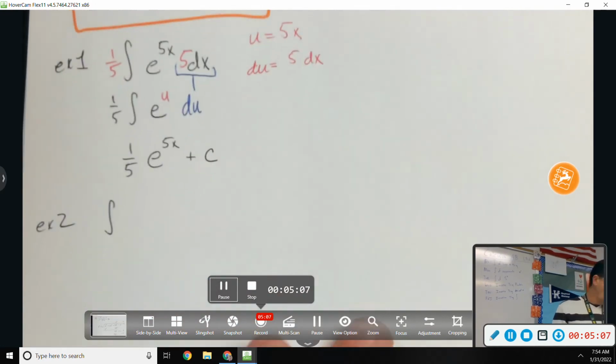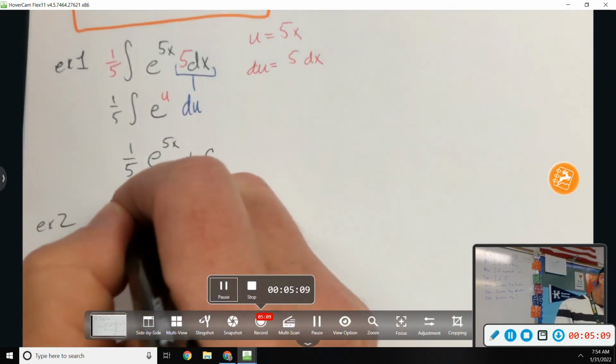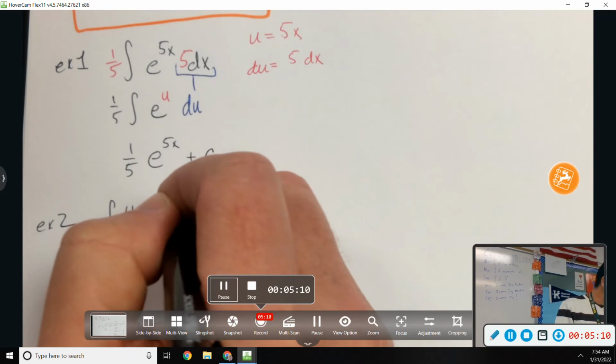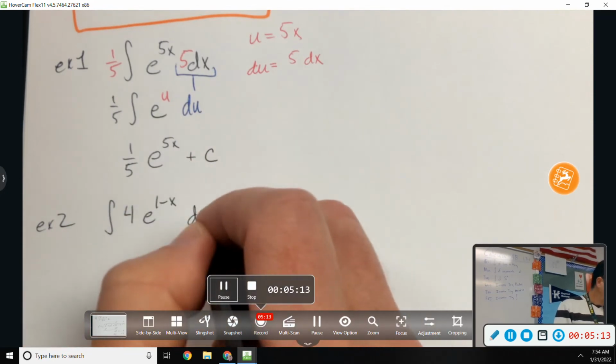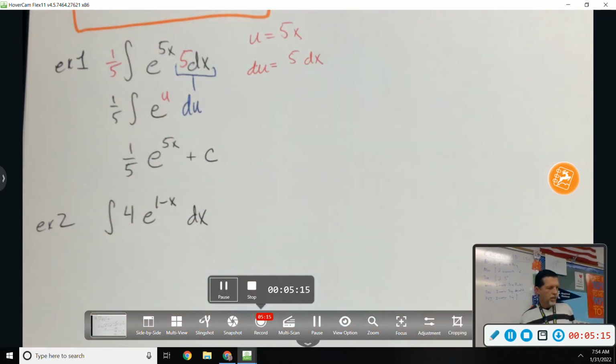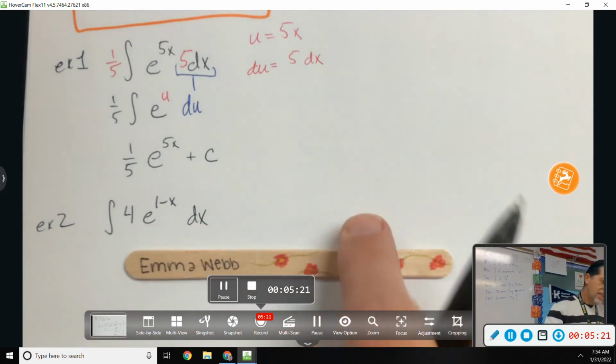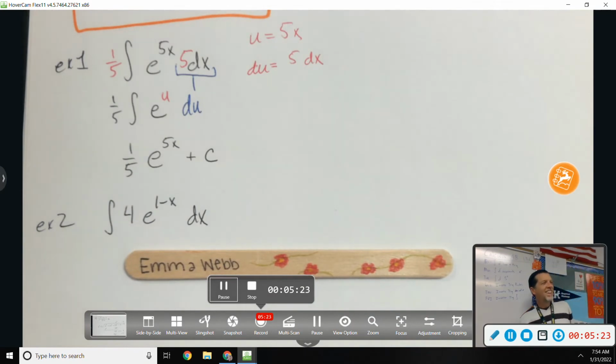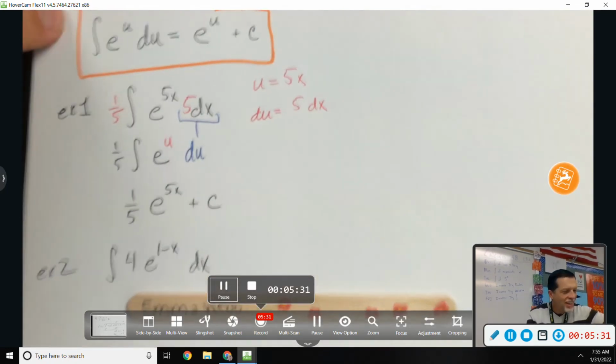Antiderivative, integrate 4 e to the 1 minus x dx. Happy Monday morning, Emma. What do you think a good idea for u would be, especially if we want e to the u to show up?